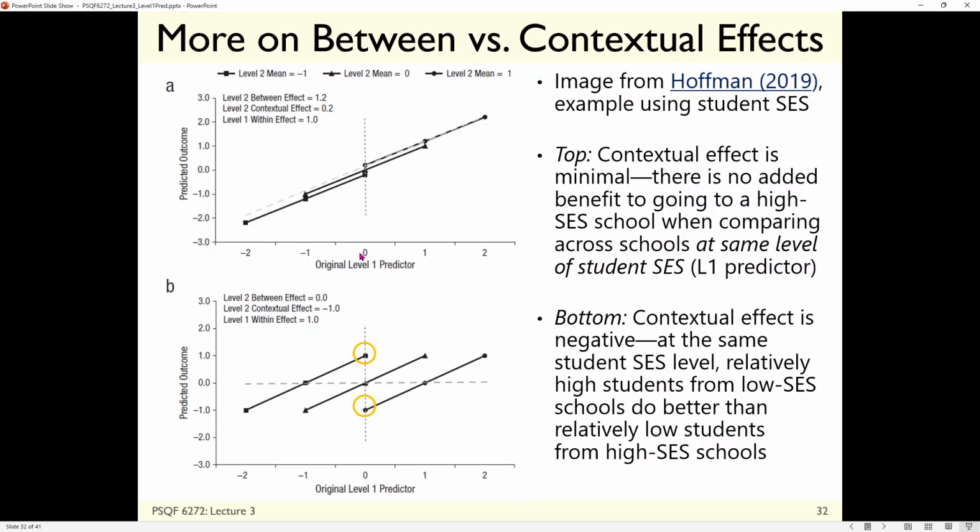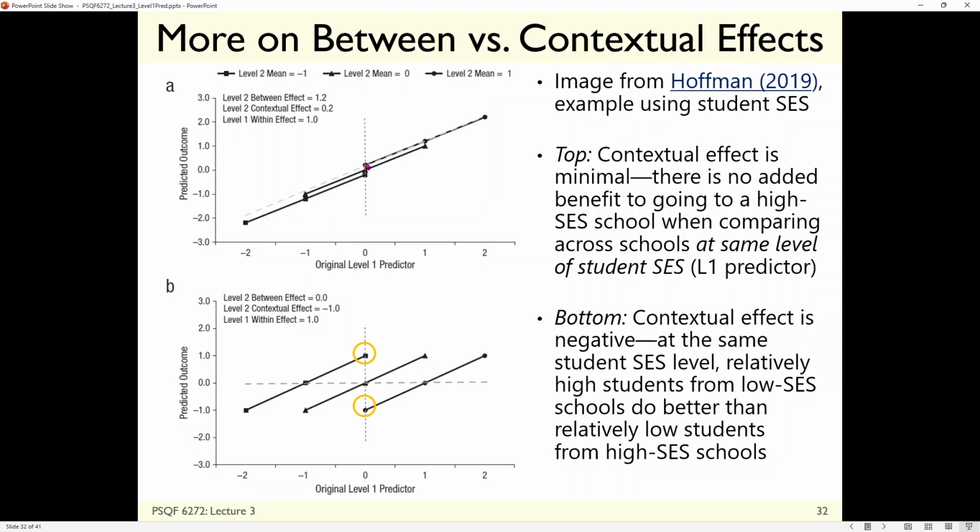So at level 1, if we have the original level 1 predictor and we condition on a particular value, for a student who has a 0 on this variable, like SES, one more unit within schools translates into a higher outcome. The slope of these individual school-specific lines is positive, but the differences between them are minimal.